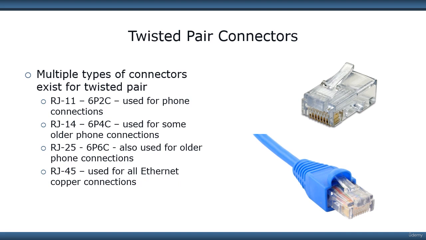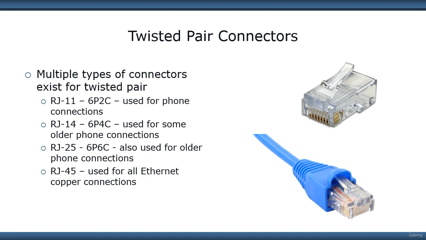Now, there are multiple types of connectors for twisted pair, but as you see here, the vast majority of these are for phones. So RJ11, RJ14, RJ25, those are for phone connections, with the RJ11 being the current for everything. RJ45 is used for all Ethernet copper connections at this point.